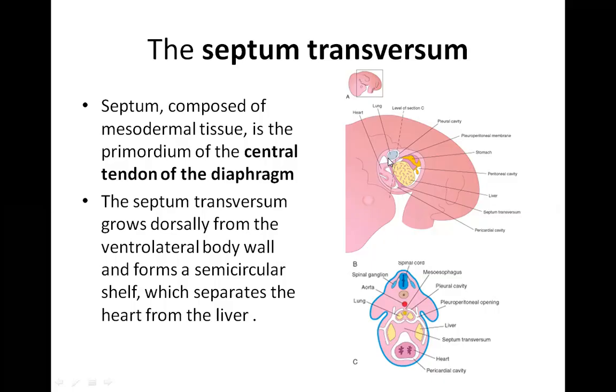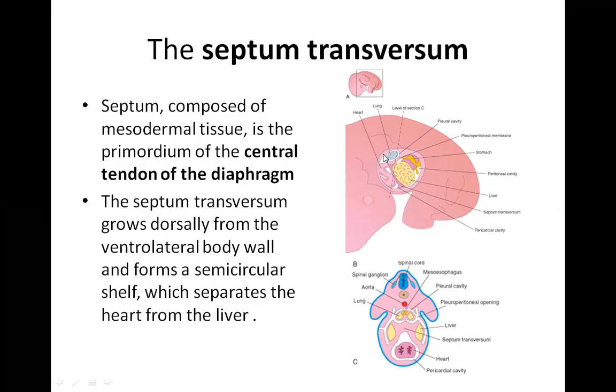Since it is a cranial fold, this will be the pleuropericardial fold. This will be the pleuroperitoneal fold, which will form the pleuroperitoneal membrane, and it will complete the formation of the diaphragm, dividing the thoracic cavity from the abdominal cavity.